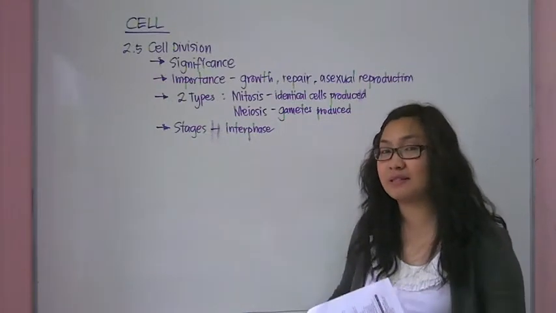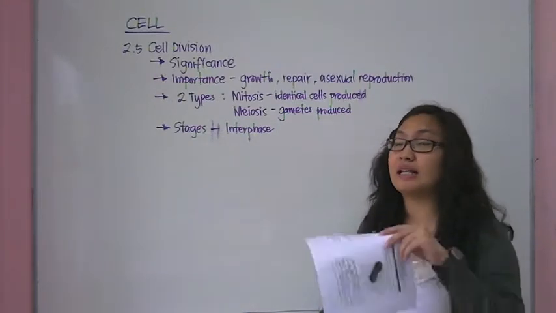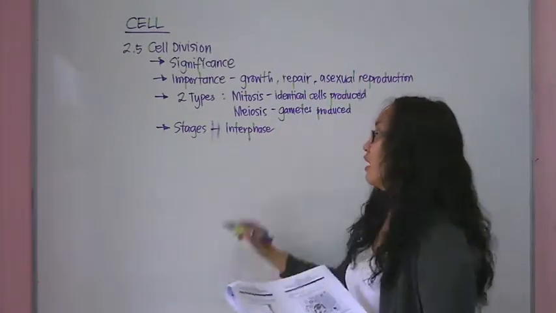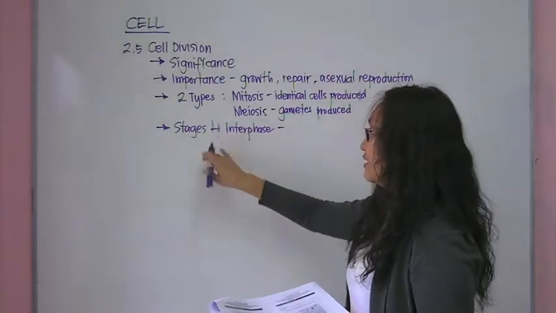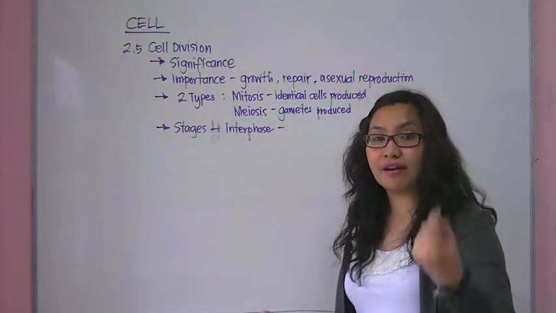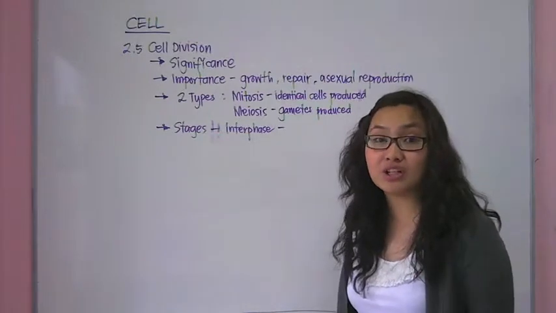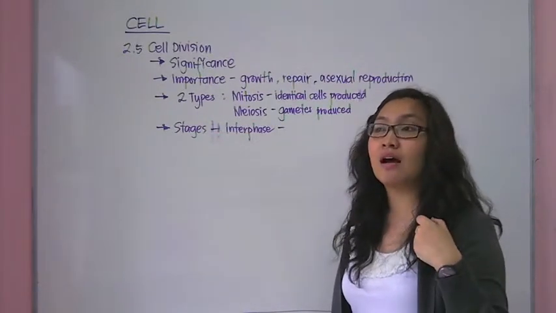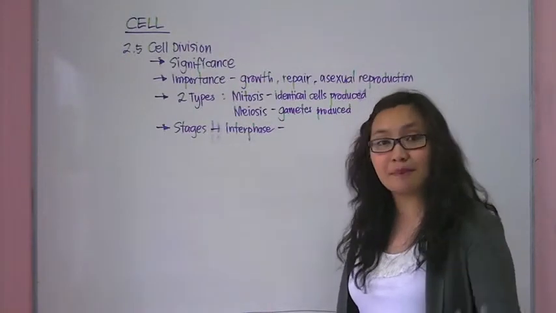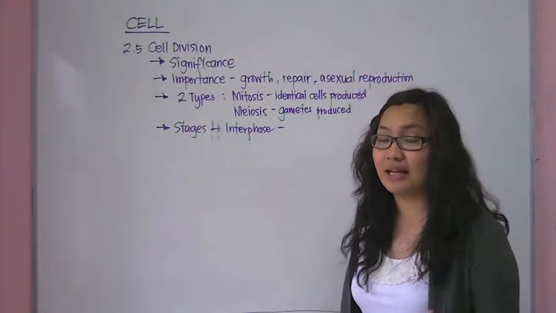It only seems that the cell is resting, but in this stage the cell is most active, because it is undergoing very active biochemical reactions. So the cell can undergo protein synthesis, or it can undergo fertilization, depending on what the cell needs.